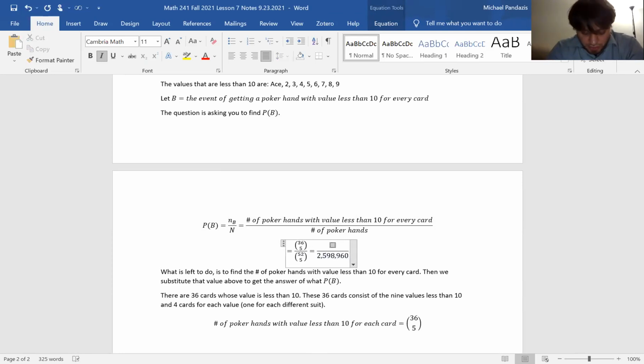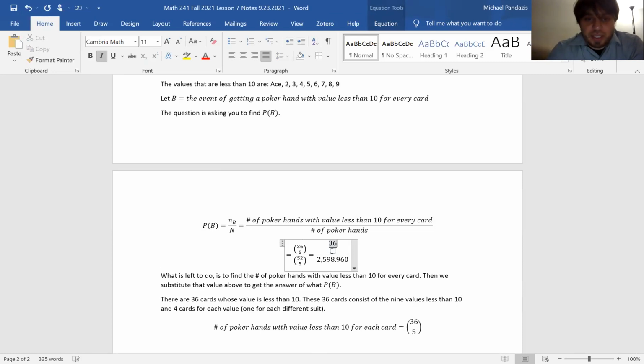And the numerator, 36C5, you multiply out 36 times 35 times 34 times 33 times 32, and then you divide it by 5 factorial. When you do that division, you get 0.145.